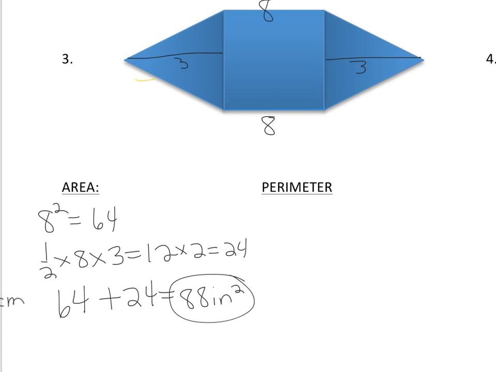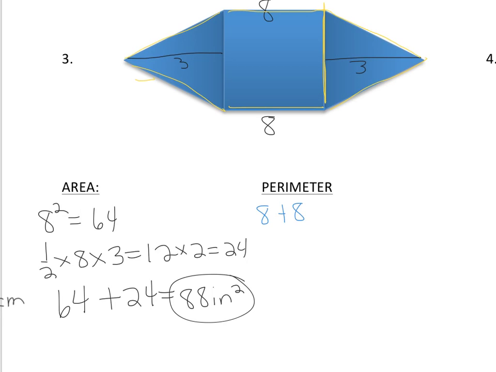For your perimeter, I have 8 and 8, and then I have 1, 2, 3, 4 more sides on the triangle. So I know I'm going to have to do, for the perimeter, 8 plus 8. But now I need to figure out what is the side length.